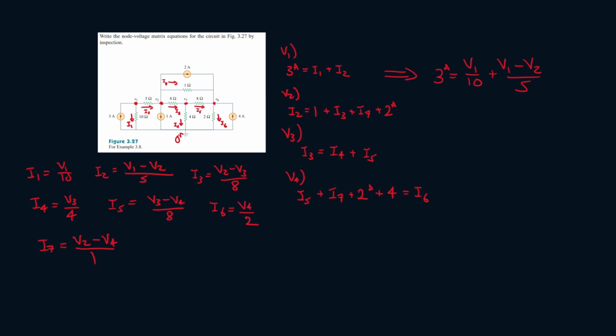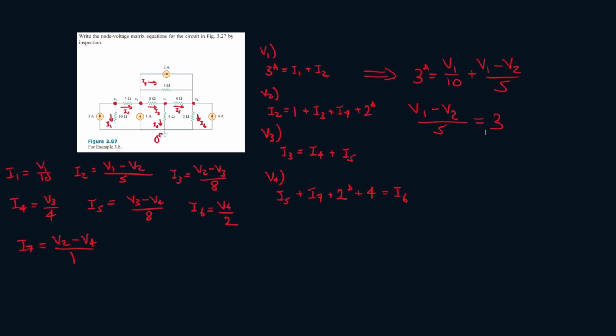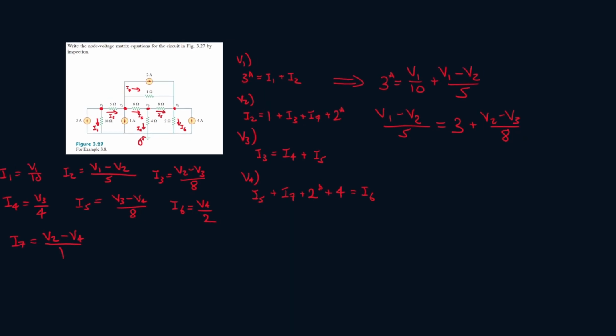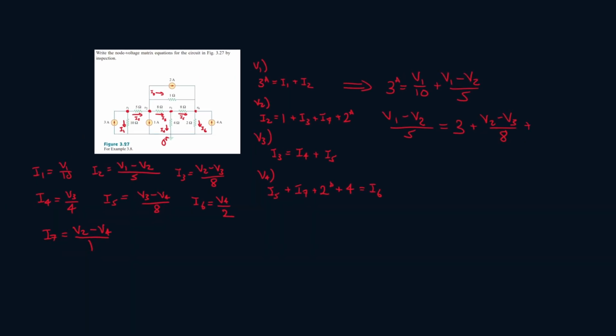So it'll be I2, V1 minus V2 over 5, equals 1. There's 2 like terms here, 1 plus 2, so that's just 3. So let's have it equal to 3, plus I3, which is V2 minus V3 over 8, plus I7, which is V2 minus V4. Okay, that should be it for this one.